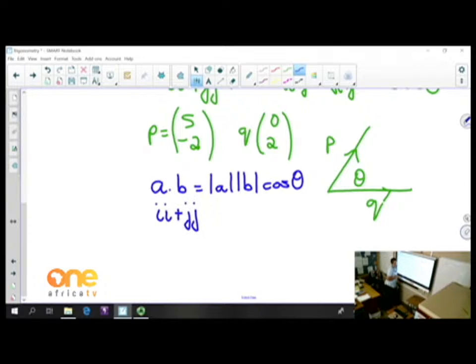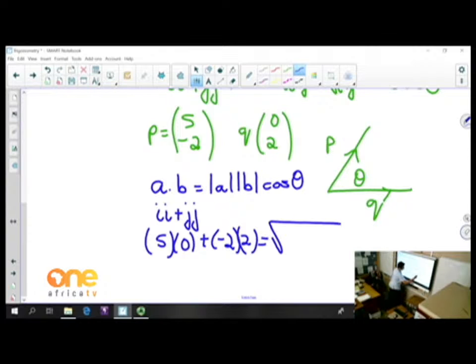This is now in 2 dimensions. So what is II plus JJ? It's going to be 5 times 0 plus negative 2 times 2. So here you multiply the two vectors with each other.